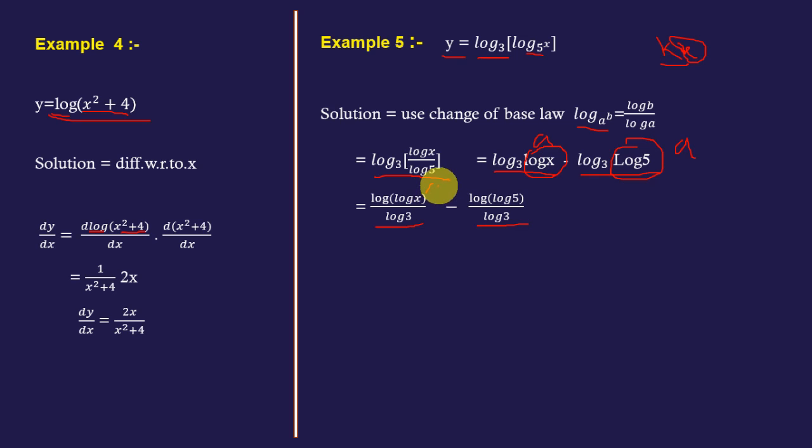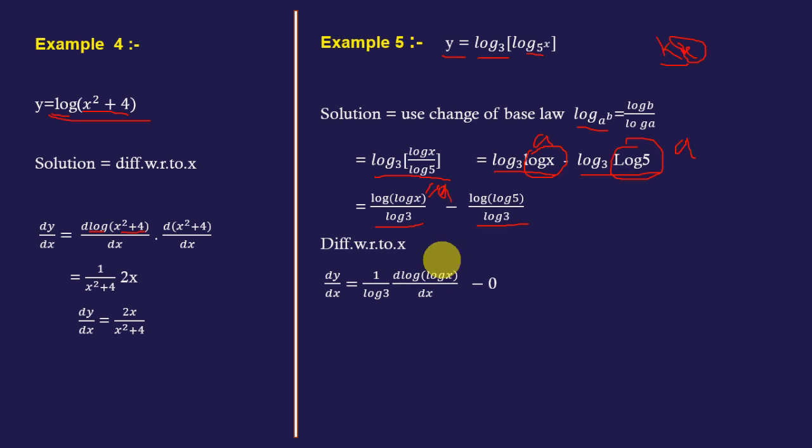Suppose we call this log x as some a. Then we get 1 upon log 3 constant into the derivative of log a.